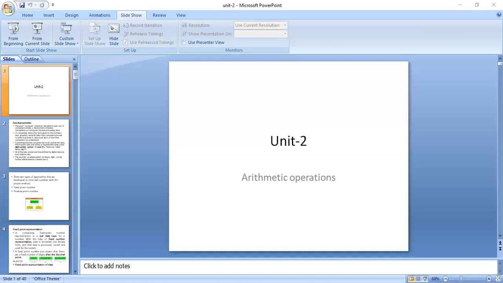What does bit pair recoding of the multiplier mean? The bit pair recoding holds the maximum number of summands. That means in this fast multiplication, bit pair recoding of the multiplier, we take the multiplier value and it is reduced by half.